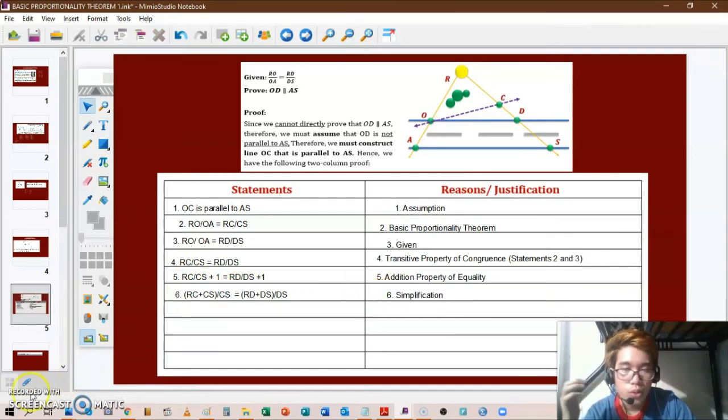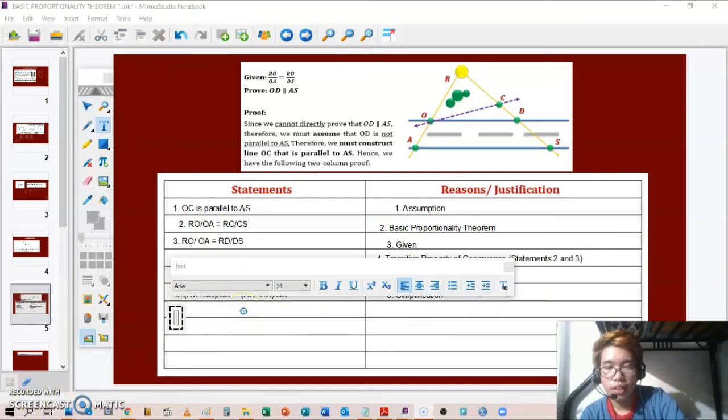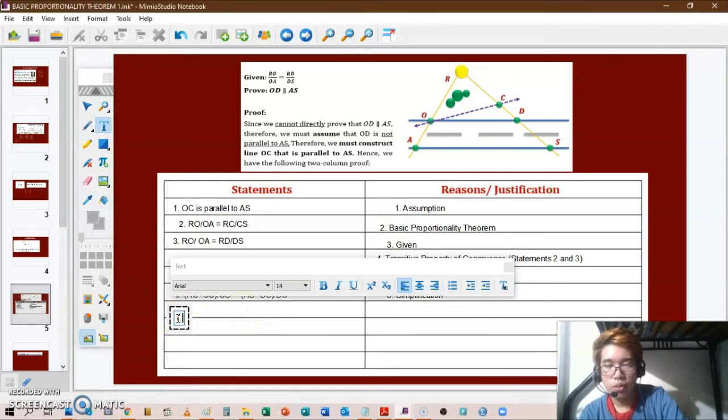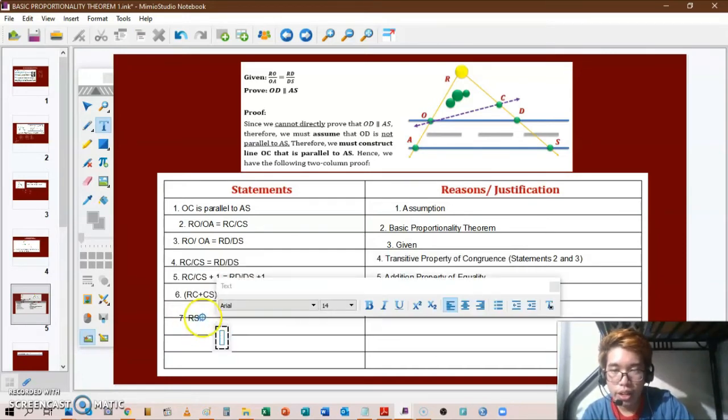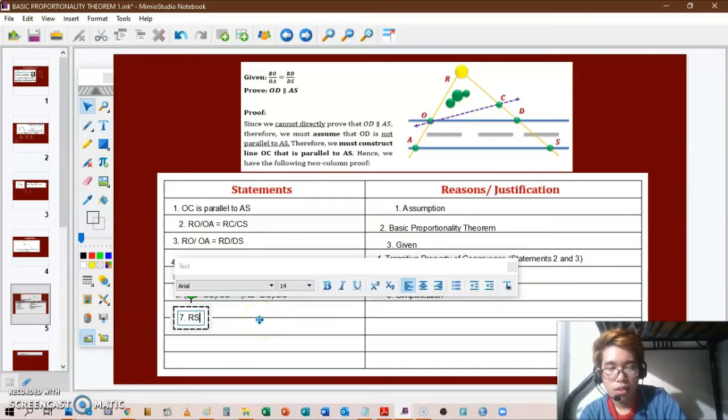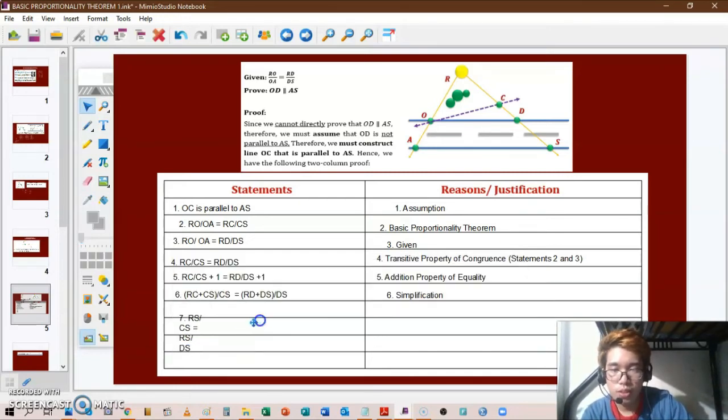After that, for number 7, we can write here that RS over CS is equal to RS over DS. So there you go.